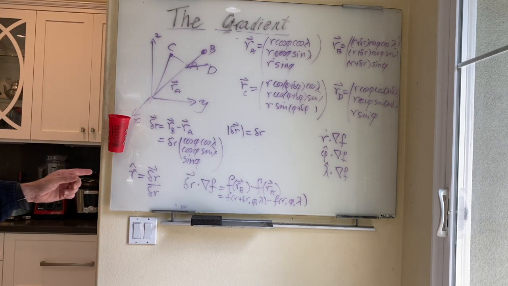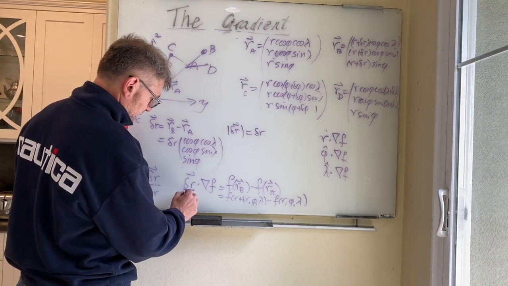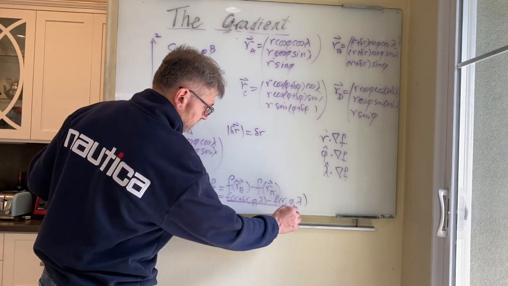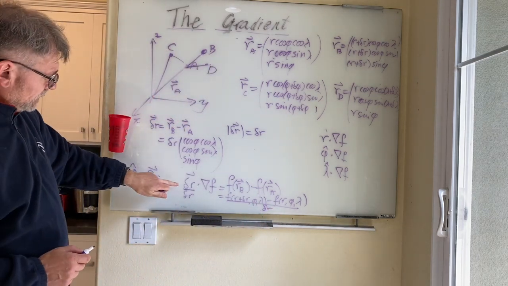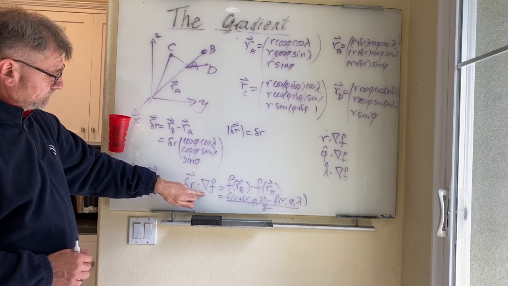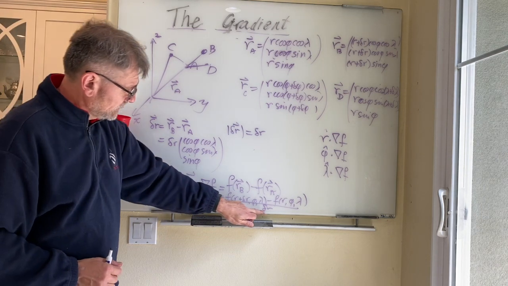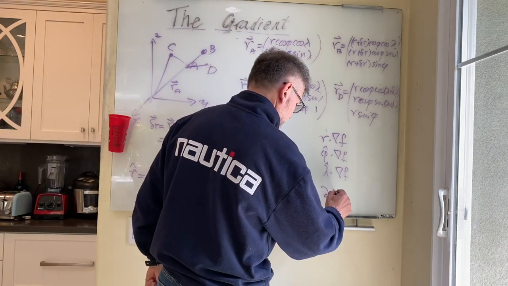And so now if I divide both sides by delta r, then this looks a lot like, or is exactly, r hat dotted with grad f. And on this side, if I take the limit that delta r goes to 0, this is just df/dr.